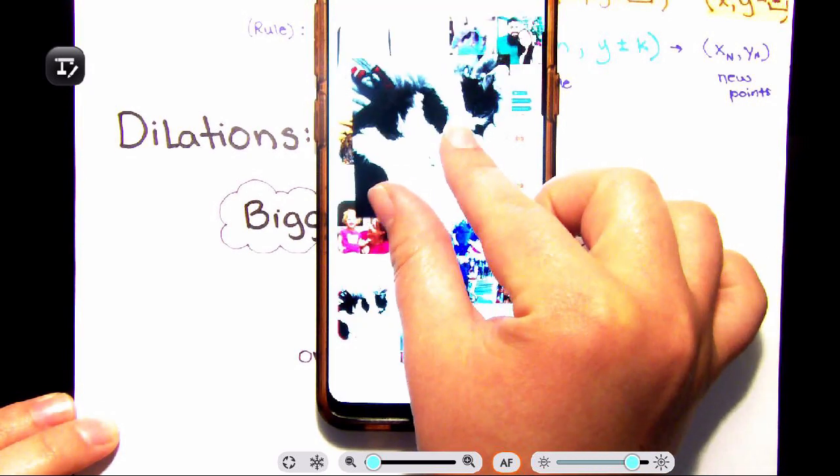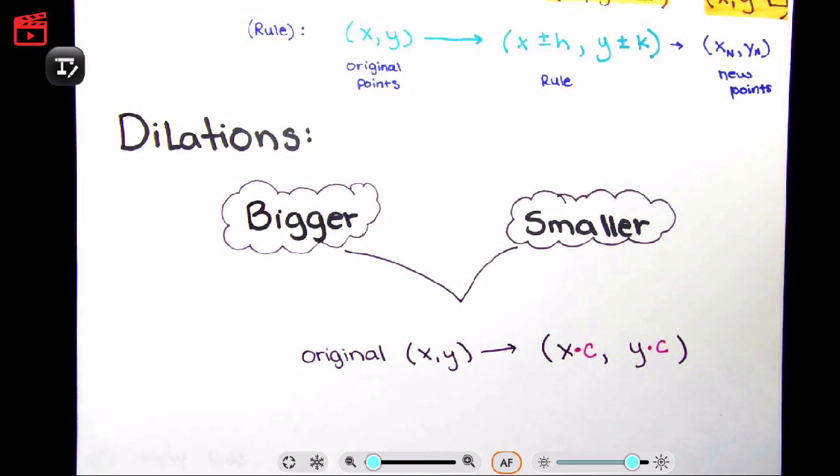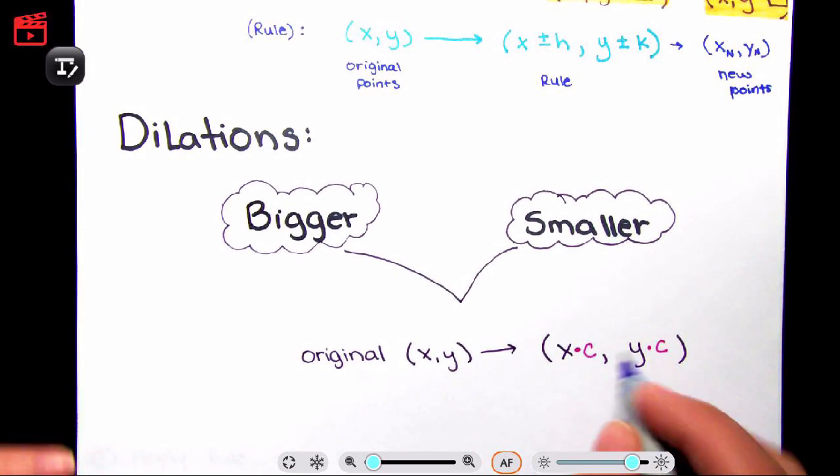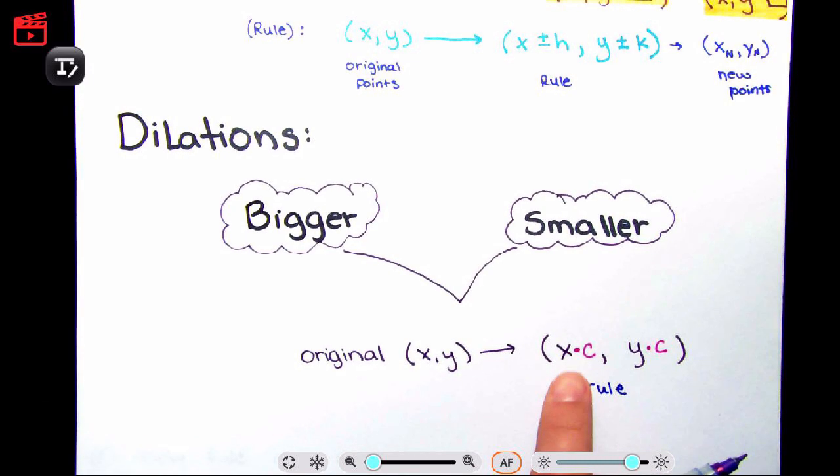So what we have here is a scale factor. You'll hear the term scale factor, meaning for a dilation, you're going to have the same number multiplying to x and multiplying to y. So again, here's your original, here's your rule, and your rule states for a dilation, you're going to multiply the x value by a number and the y value by the same number.